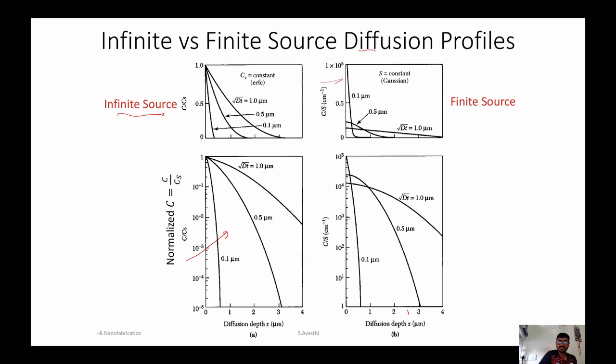This is the error function, and this is Gaussian.